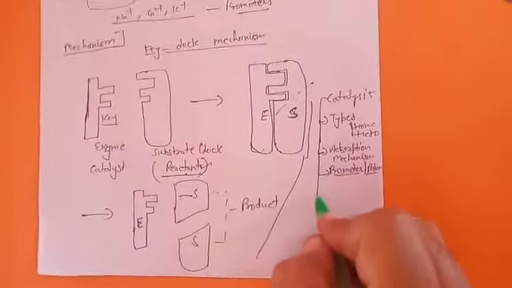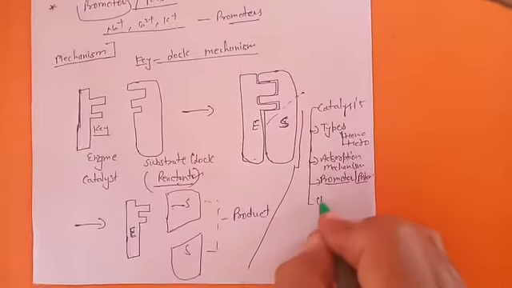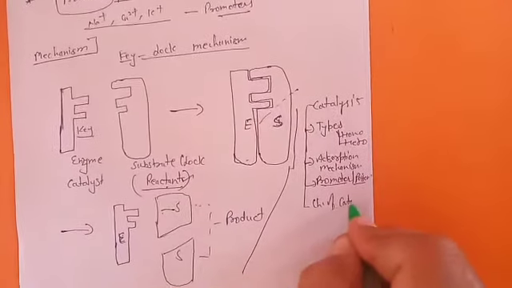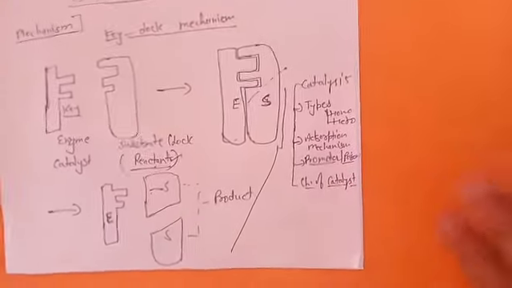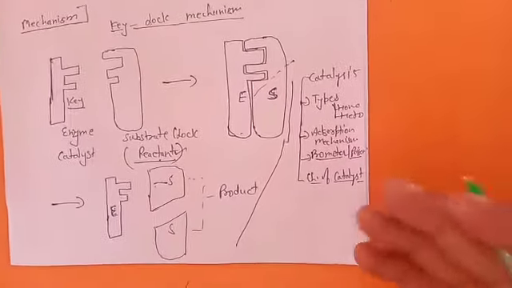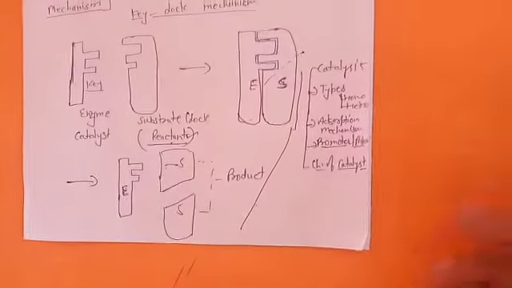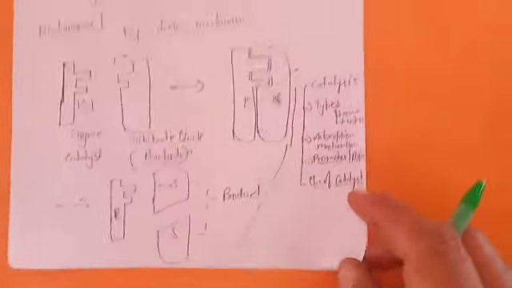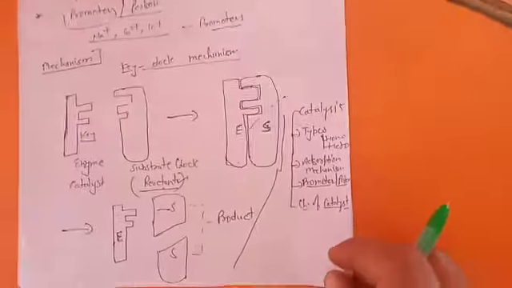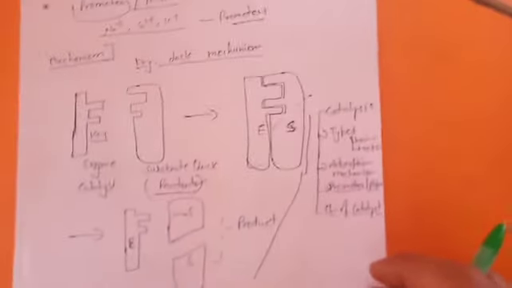Next important topic we did is the characteristics of catalyst: they are highly specific in nature, their activity depends on promoters and poisons, and they are highly specific to the product also. Like with copper we form methanol, while with nickel we form carbon dioxide and water.